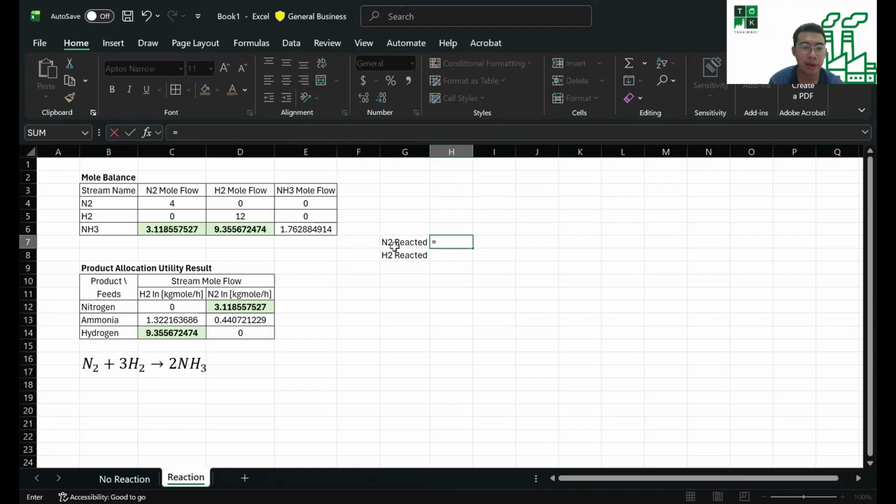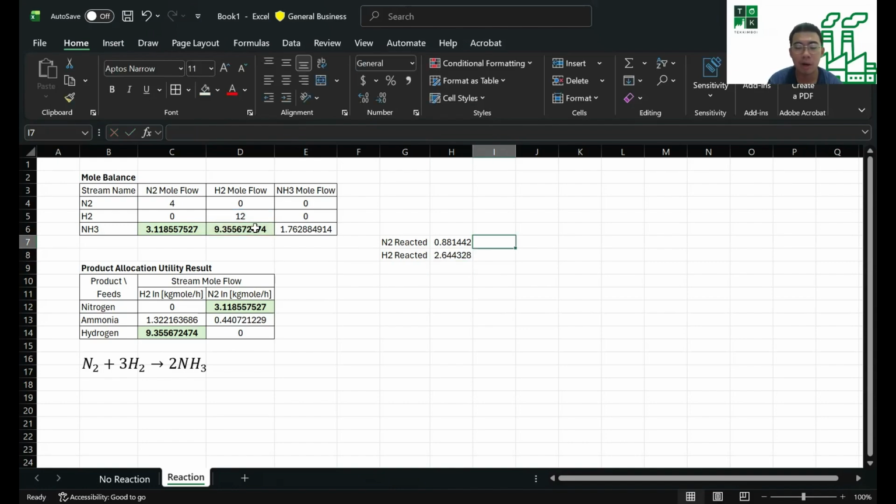If we want to calculate N2 reacted, it means we need to subtract the product from this. For H2, 12 minus 9.35. From here, we can know how many kilomoles per hour of N2 and also H2 reacted.